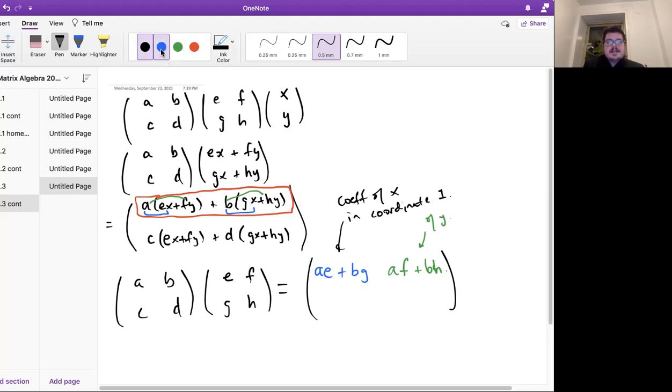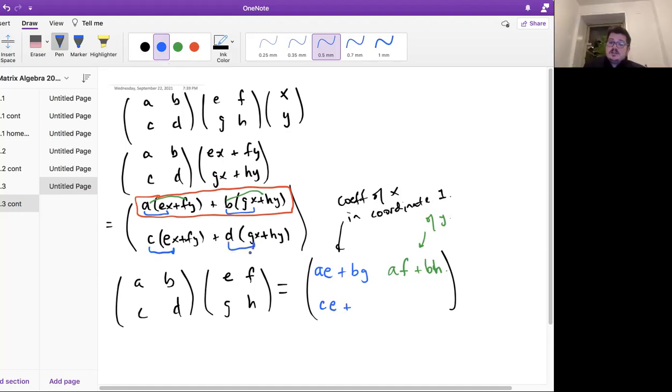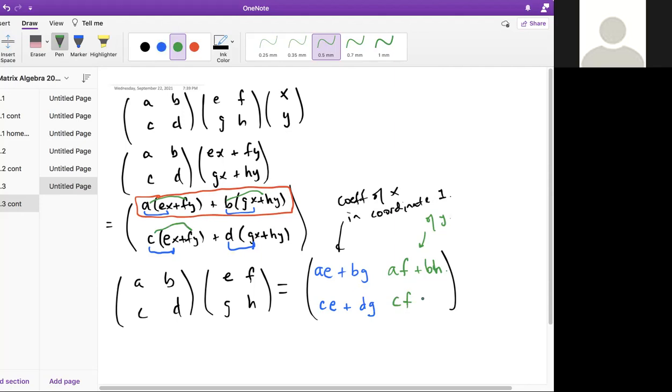So CE is correct, there's CE in this part, and DG is x. And then the y is where CF is, we distribute, and then DH, it's DH when you distribute.